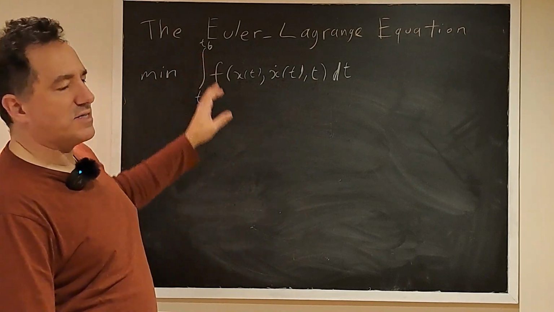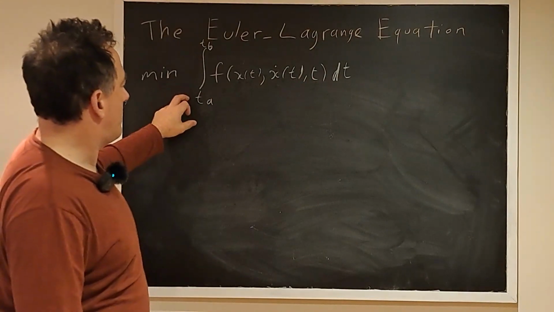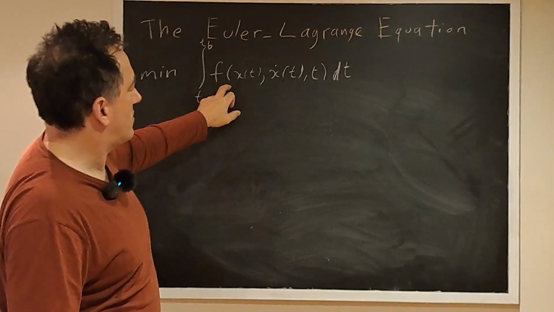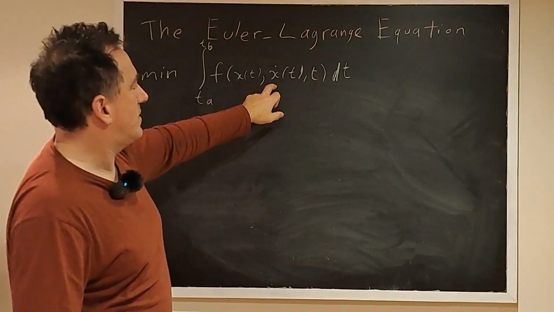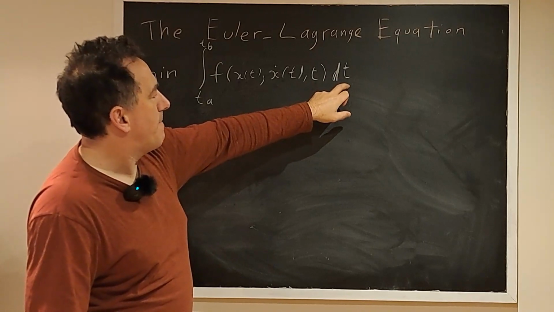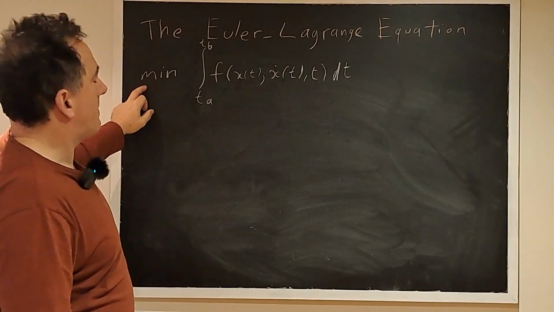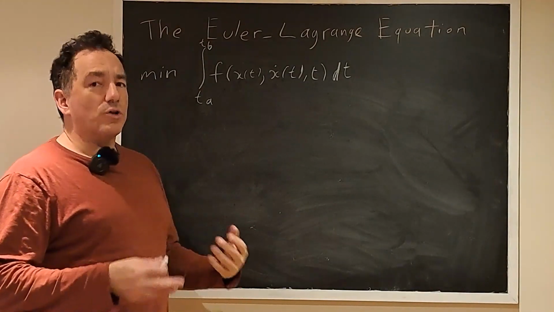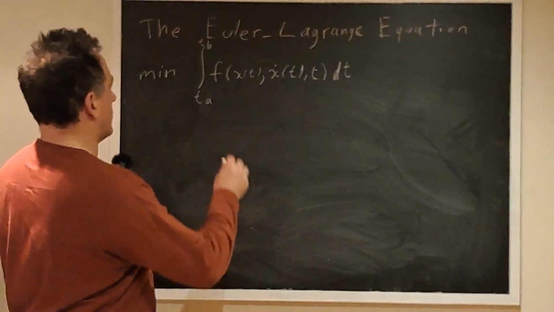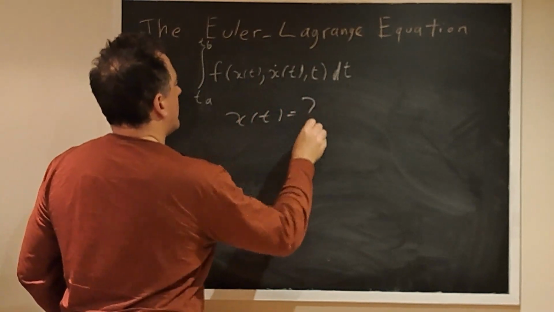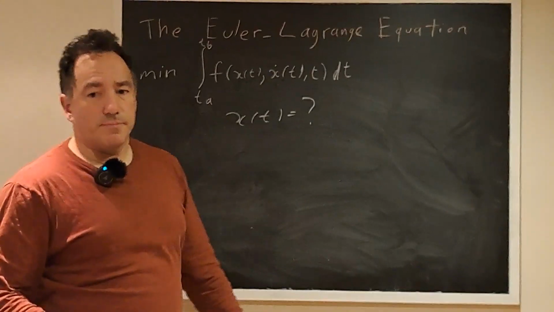And we want to minimize the integral from a first time, ta, to a second time, tb, of this function of x, x dot and t integrated over the time. What we want to find is the function x of t that minimizes this integral.